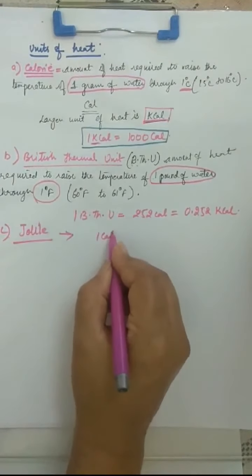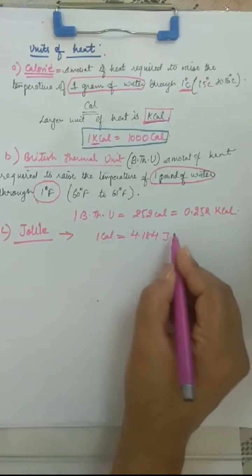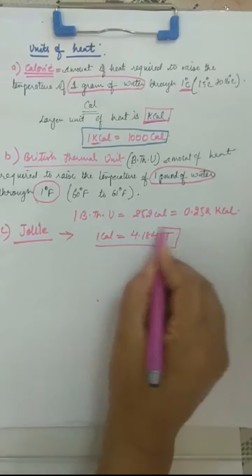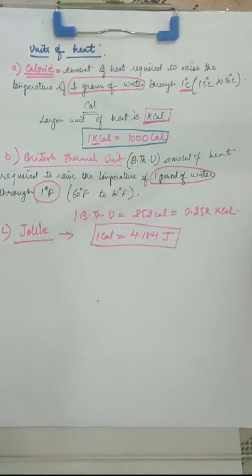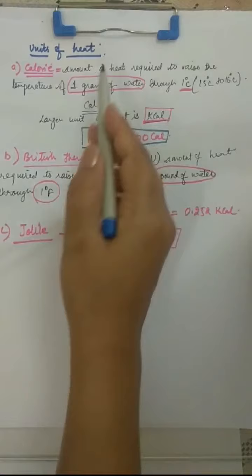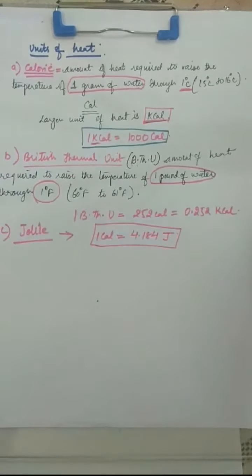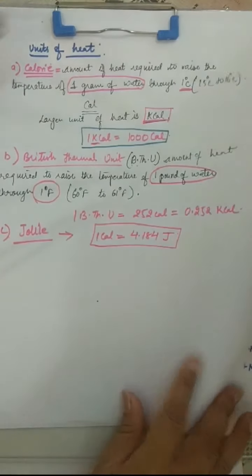And 1 calorie is equal to 4.184 joule. This is the relation you should learn. So these are the units of heat: calorie, British thermal unit and joule. It can be asked in the exam in short answer type questions.